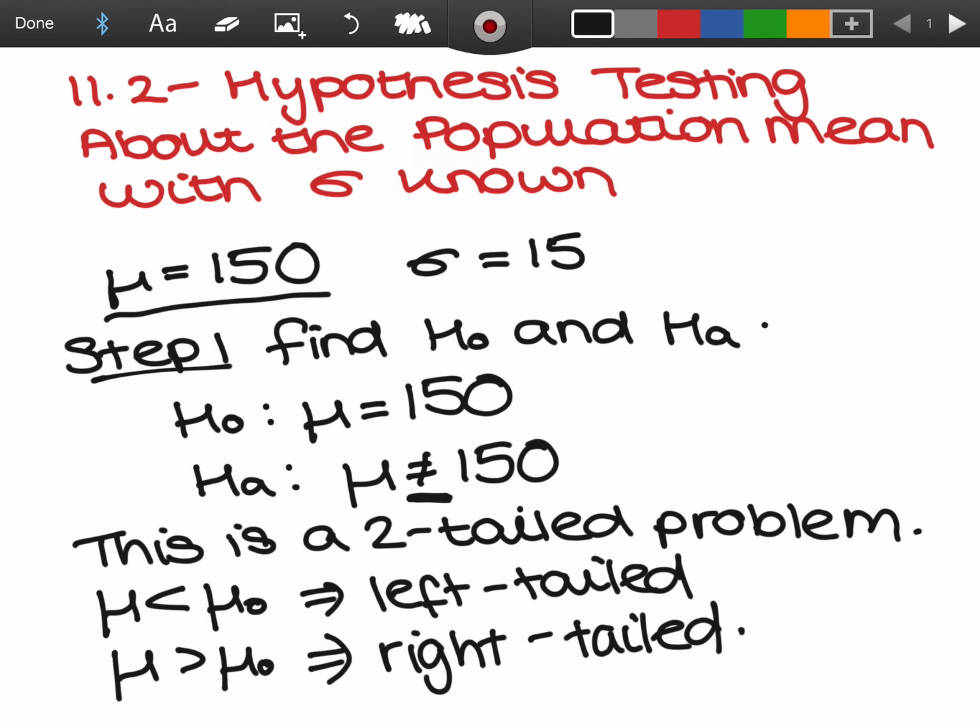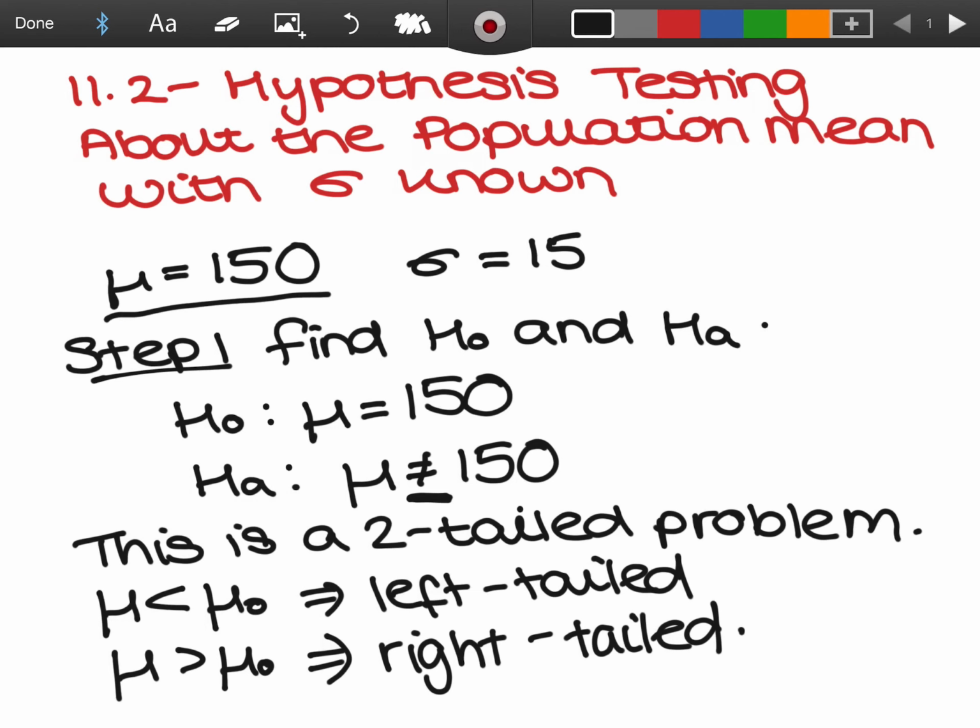If that value is deemed to be too many standard deviations away from the mean, if our sample mean is too far away from our population mean, we would have to reject our null hypothesis, because what our sample data showed us was that it was so far away from the value that we thought the mean was, that we can no longer accept that our mean is 150, okay? So if we do this z transformation and we find out that our sample mean is too many standard deviations away from our population mean, we know that we will have to reject our null hypothesis.